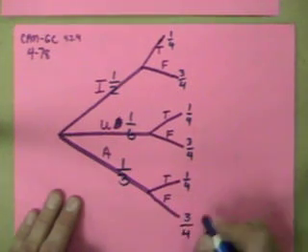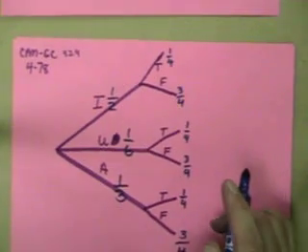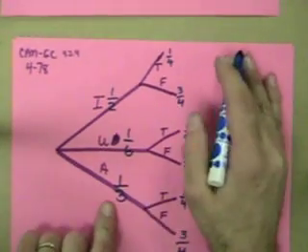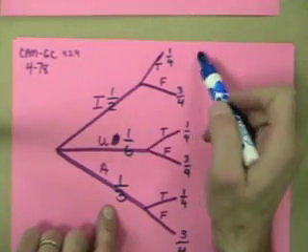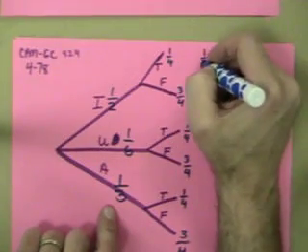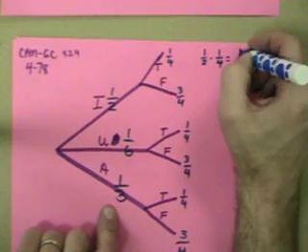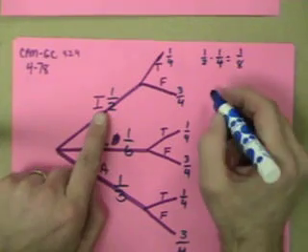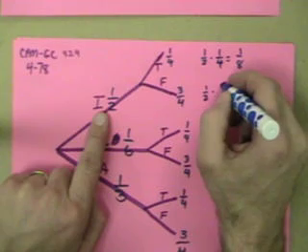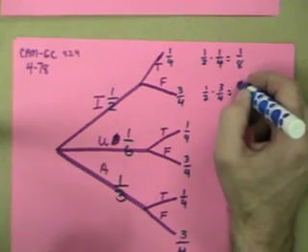And remember that the way that we calculate the probabilities on a tree diagram is we go down each path and multiply its fractional probabilities. So 1/2 times 1/4 is 1/8. This one would be 1/2 times 3/4, which is 3/8.